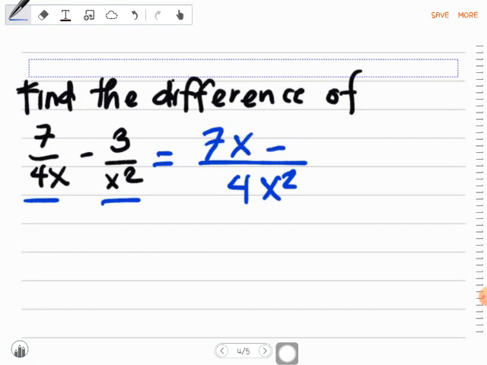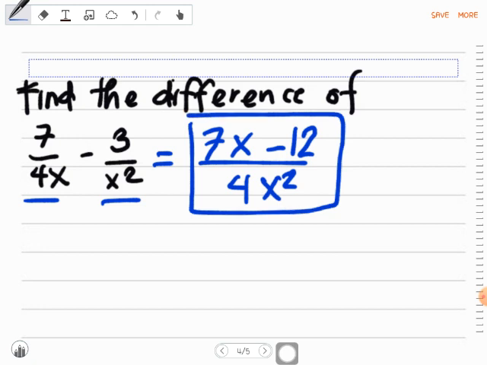Minus 4 divide 1 is 4. 4 times 3 is 12. And x squared divide x squared is 1. So, yun yung answer natin. To make it short, ito na yung final answer natin for this particular example, kasi hindi na natin siya pwedeng i-simplify.